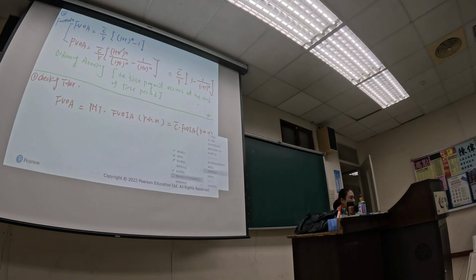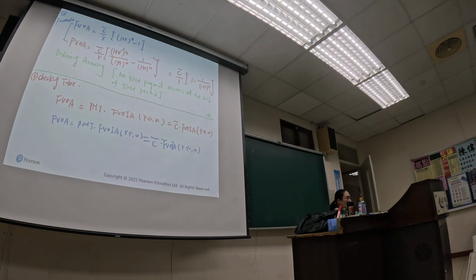Likewise for your PVOA, PVOA would equal PMT times PVIFA at R% and periods, equals to C times PVIFA at R% and periods.